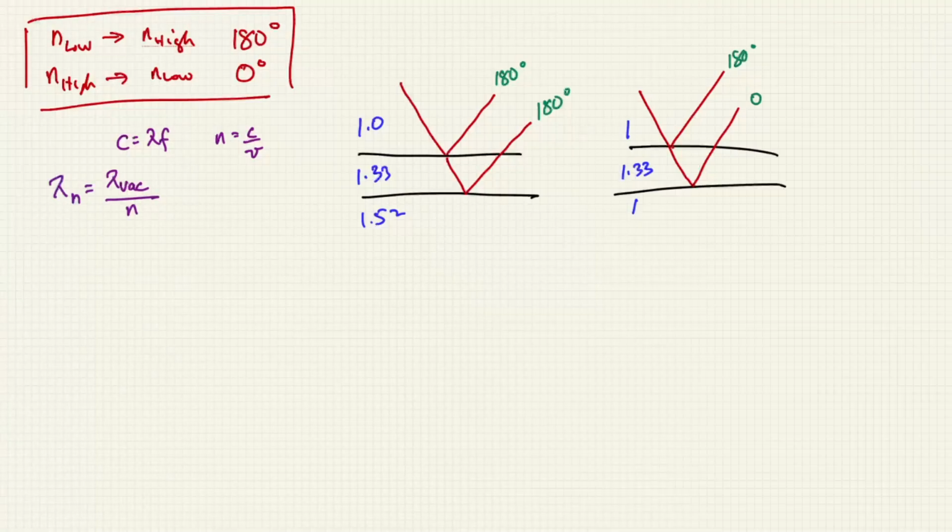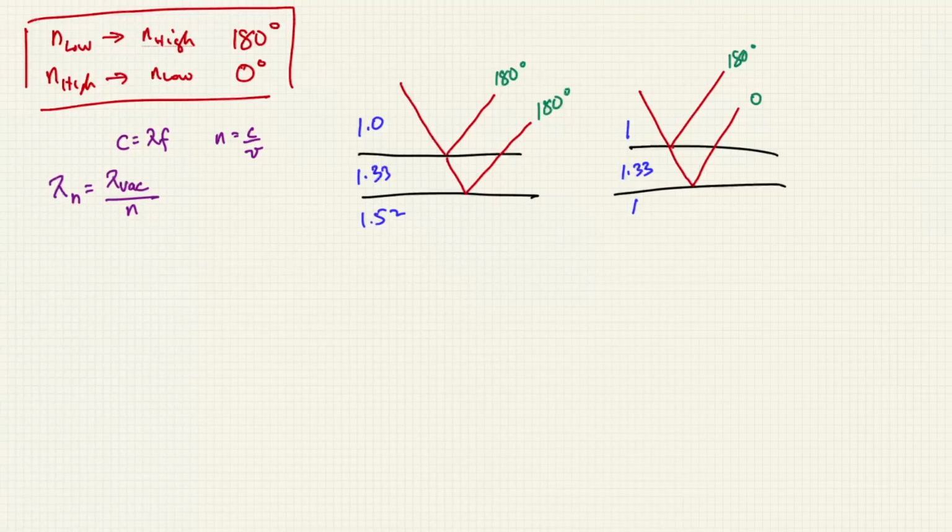If you've got light of 550 nanometer wavelength traveling in vacuum or air, we can tell you what the wavelength is going to be in glass that has an index of refraction of 1.5. You just take that wavelength, 550 nanometers, divide by 1.5, and now you have the wavelength in the material.